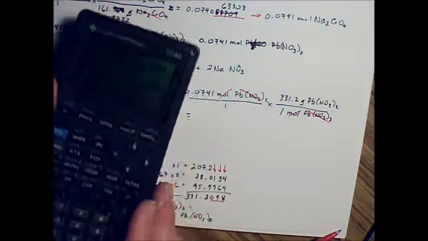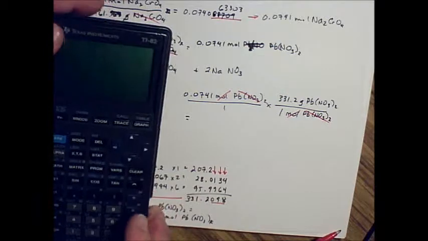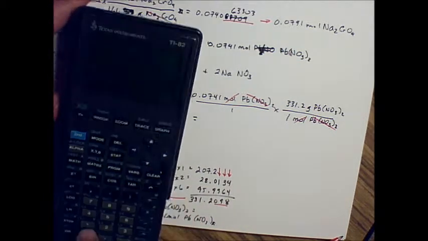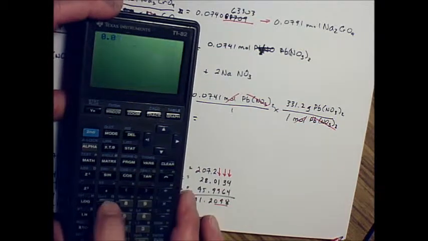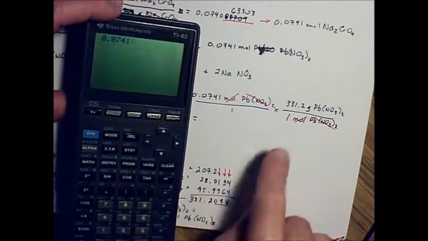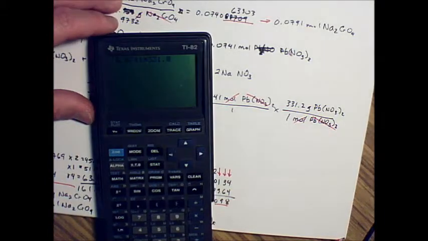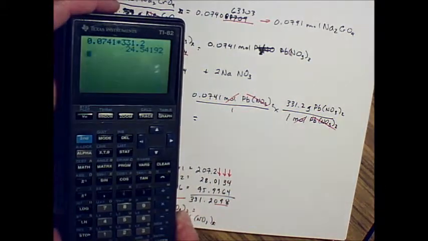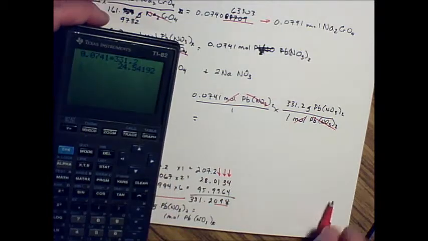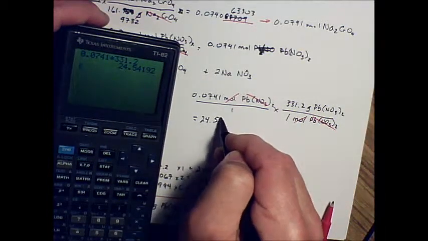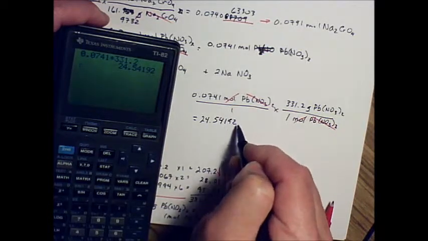We're ready to do the math here. Okay, let's see. I've got 0.0741 times 331.2, and I get 24.54192.